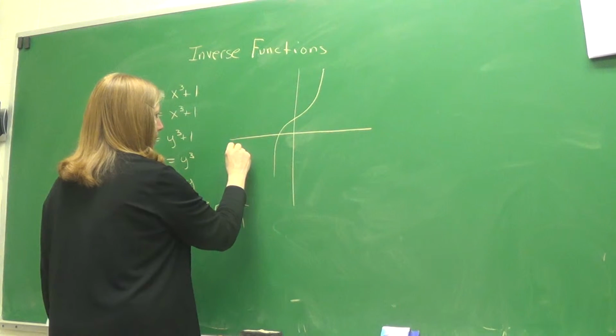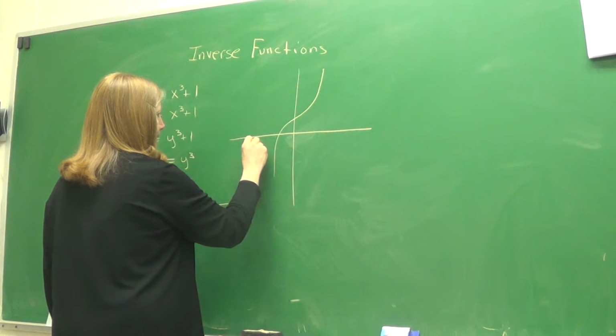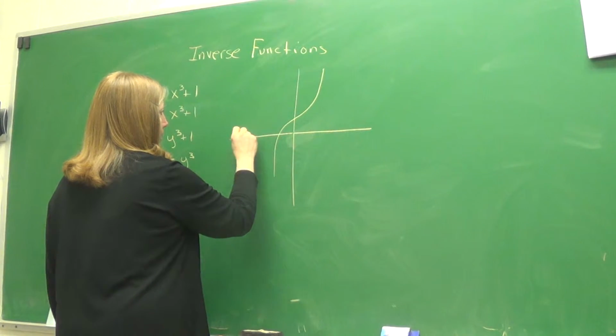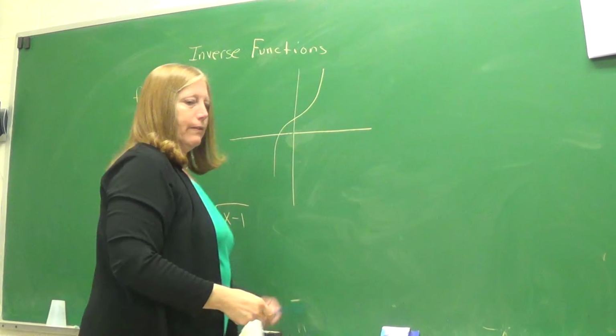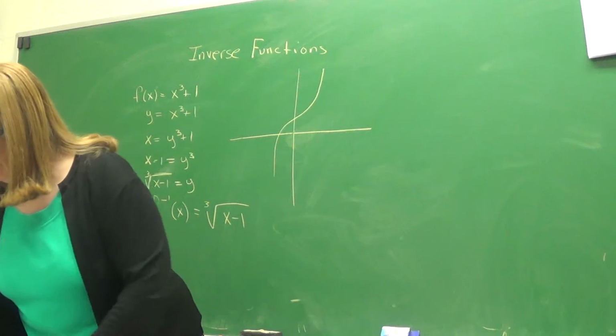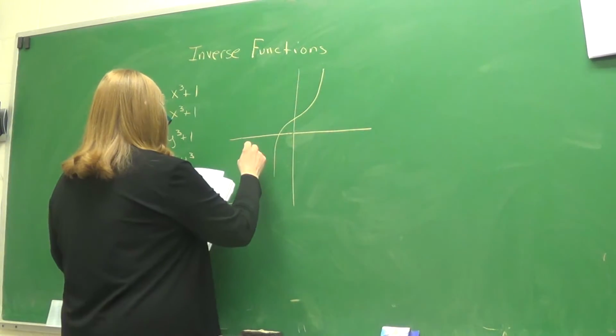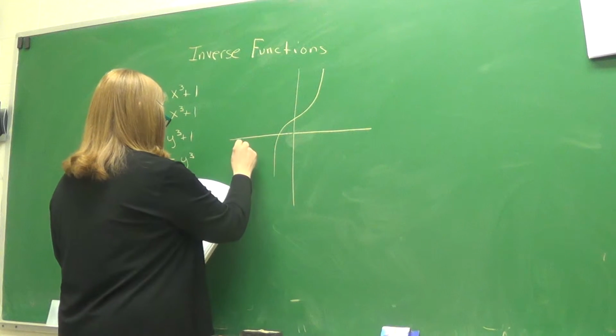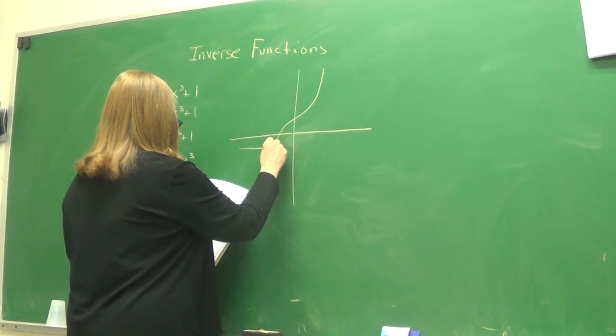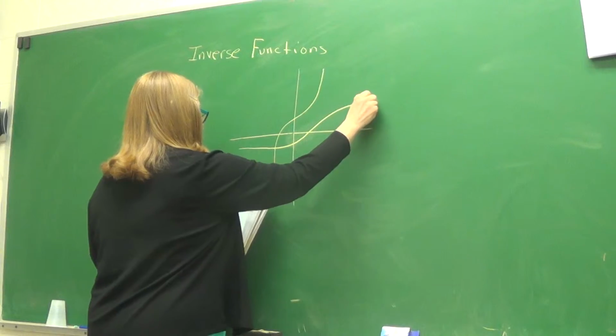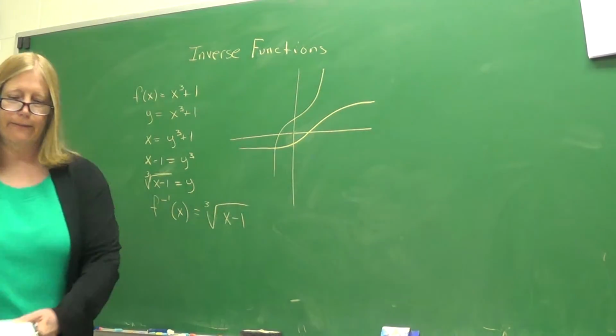So minus 1, it would come down a little bit. I'm going to have to look at my graph when I did this. Oh yeah, that's right. It comes down here and then it flips up here. That's the cube root graph.